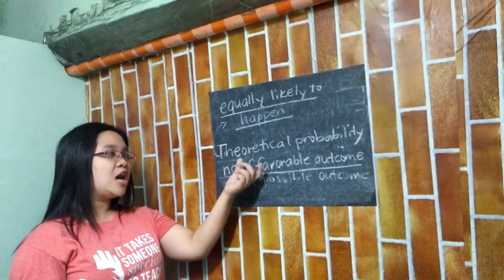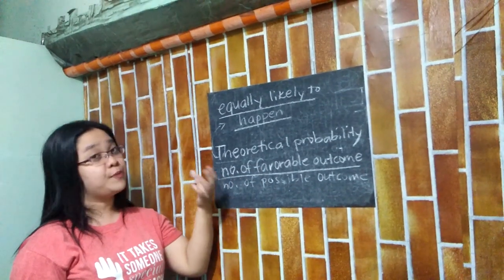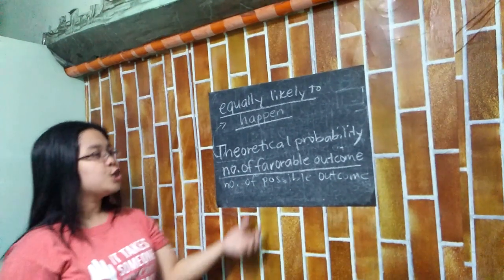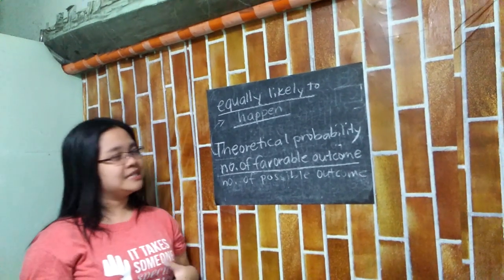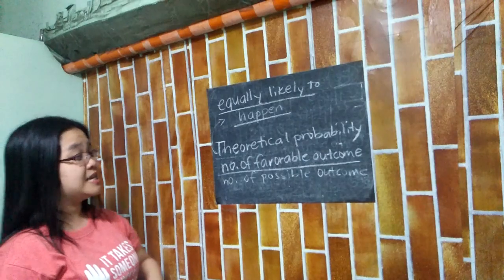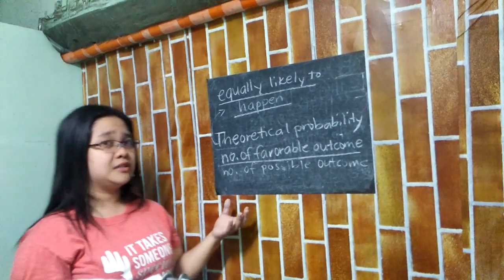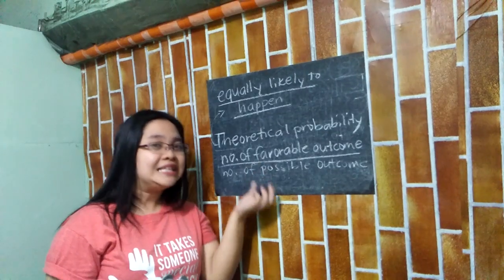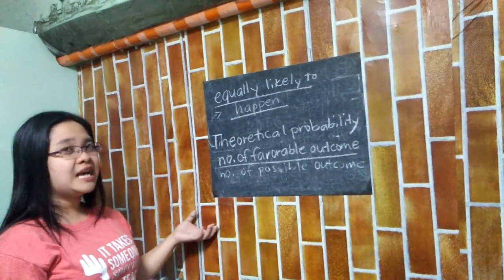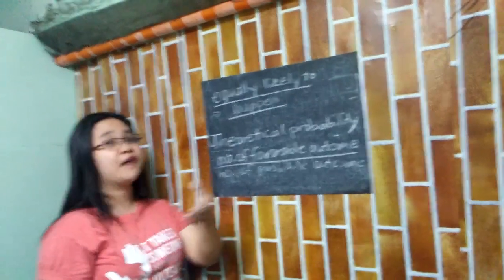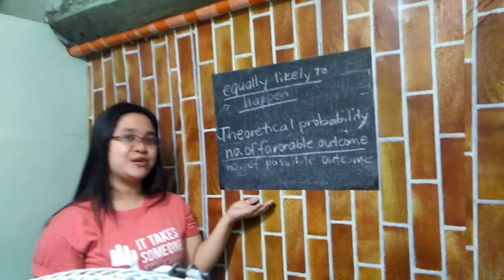The favorable outcome should be placed on top, and the possible outcome should be placed below. Since it's a fraction, do we have to get its lowest term? If needed only. If it's necessary, you have to. But if not, then that will be your answer.